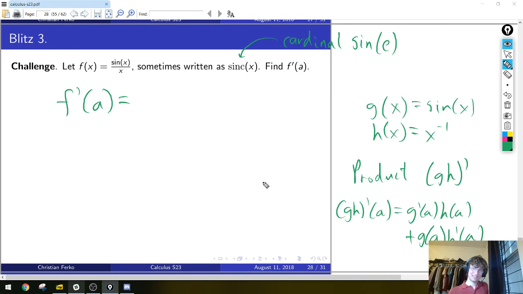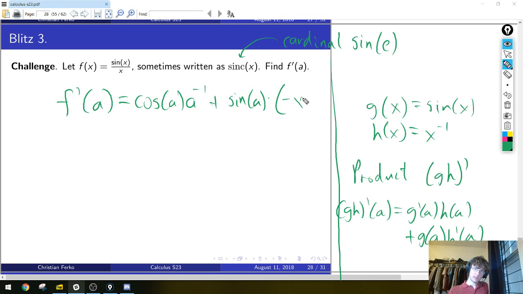So this is going to be cosine of x times cosine of a times a to the power of -1 plus sine of a times negative x to the power of -2.